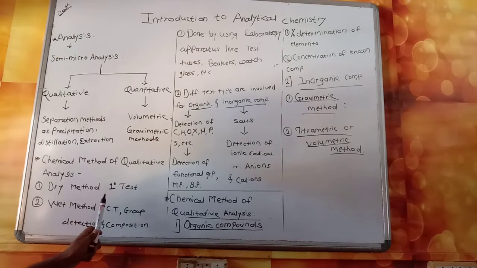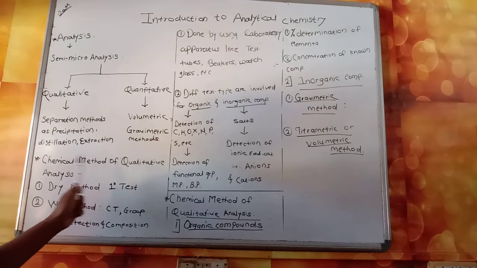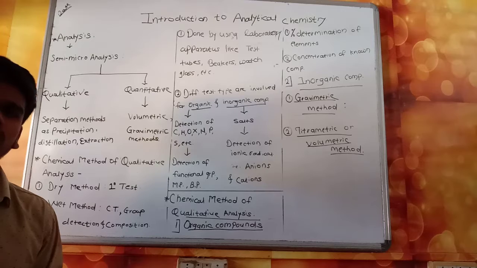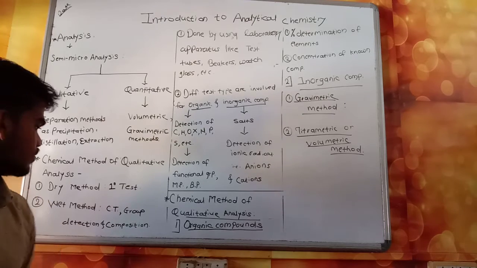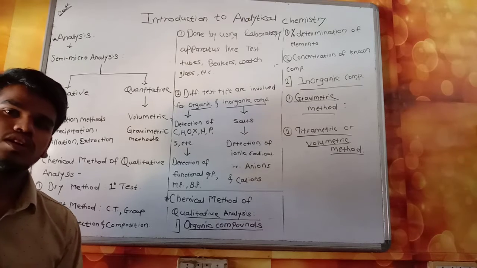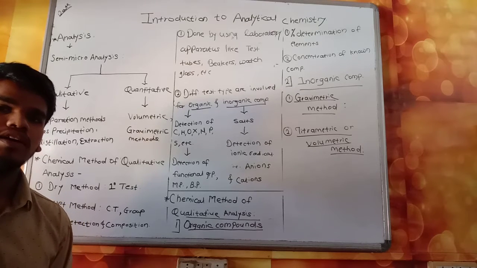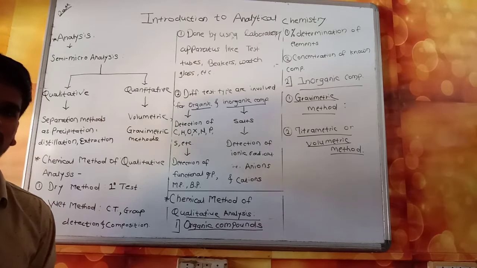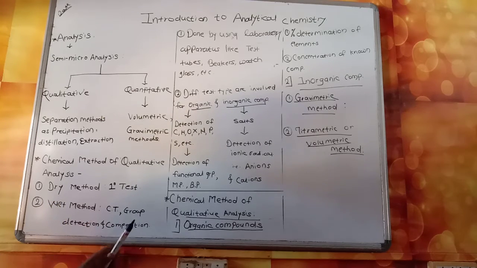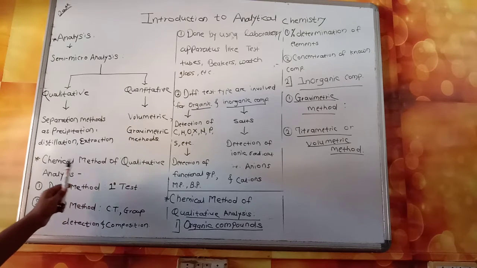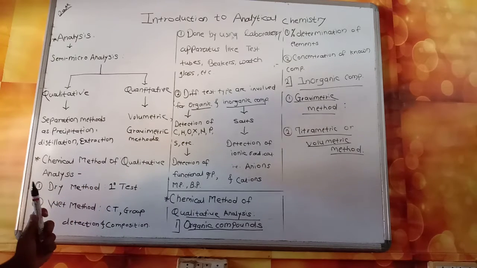Dry method of the qualitative analysis is used for the preliminary test in the group detection or detection of compound. Okay, so preliminary test is nothing but guessing of the name of the compound by observing its odor and the color. It is known as preliminary test, and dry method is used for the preliminary test in the chemical method of qualitative analysis of a compound.